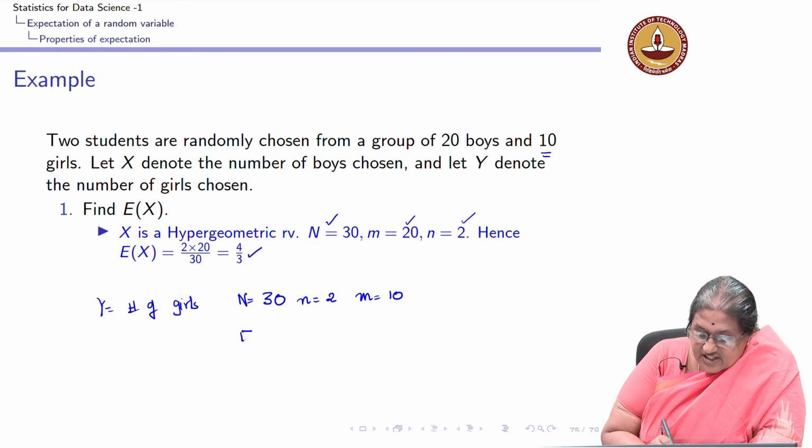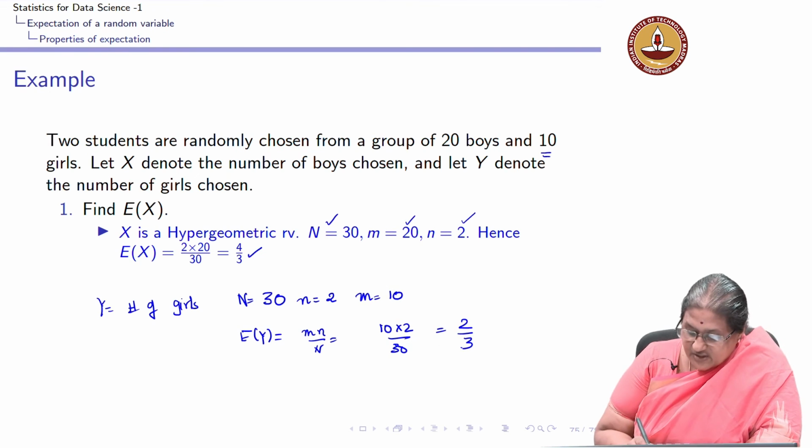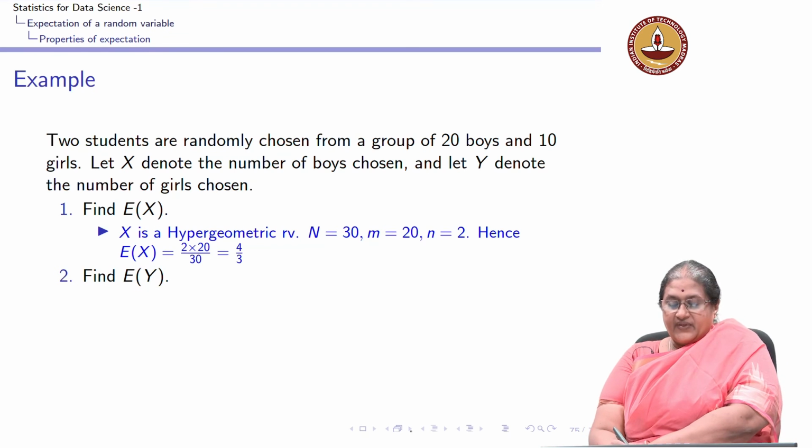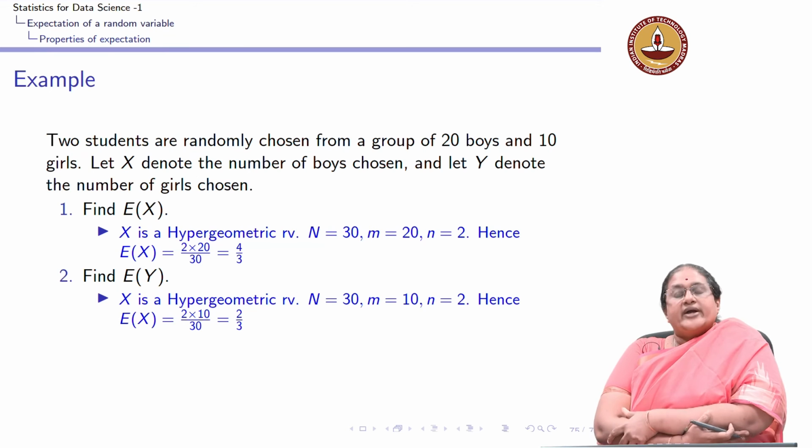So, in this case my expected value of y is going to be n into M by N, which is 10 into 2 by 30, which is 2 by 3. That is, my expectation of y can be shown to be equal to 2 by 3.